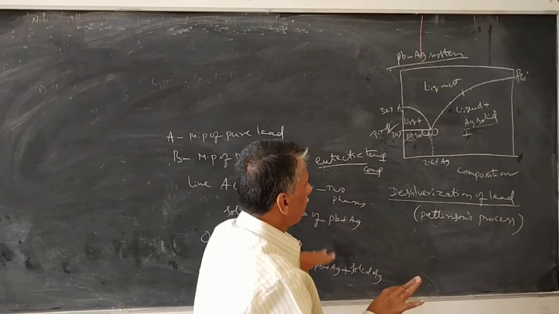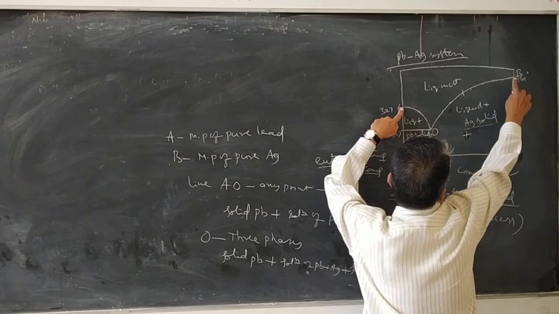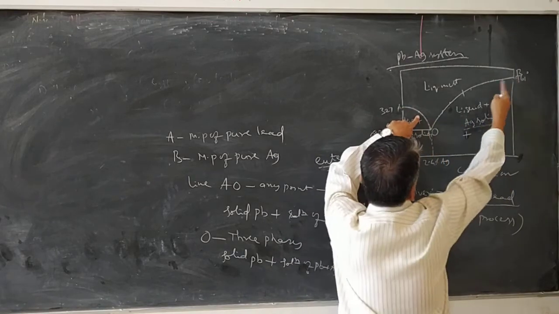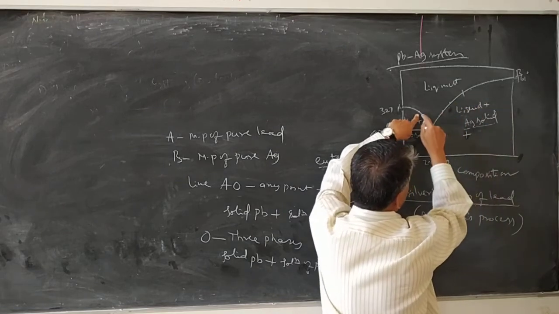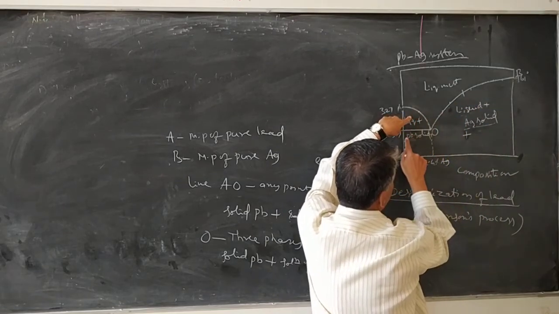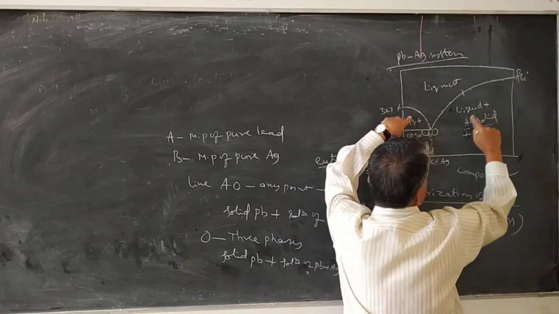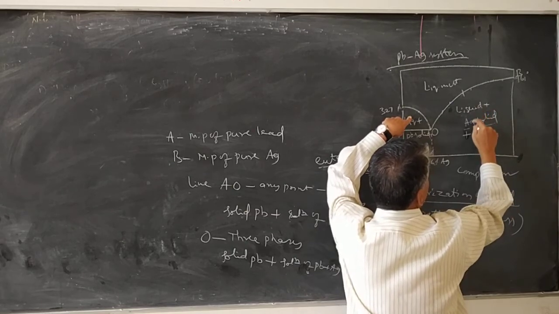So finally, here one phase, here one phase, and you take any point on this curve or on this curve, that consists of two phases. In this case, liquid plus solid lead. In this case, liquid plus solid silver. Here liquid means the solution of silver and lead.